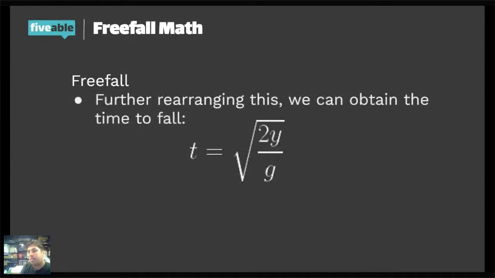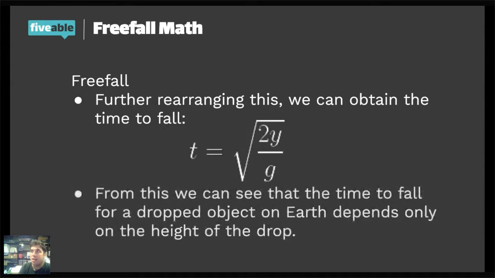And we end up seeing that the time it takes for this object to fall is equal to the square root of 2y over g, where y was our ending height, sorry, the distance it has fallen. And this is super useful because we can see that the time it takes, as long as we're on Earth, only depends on how far vertically we have fallen.